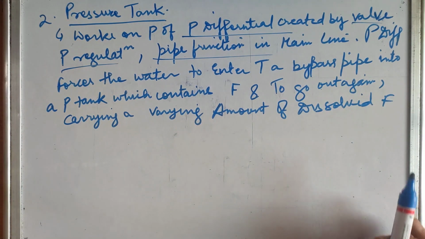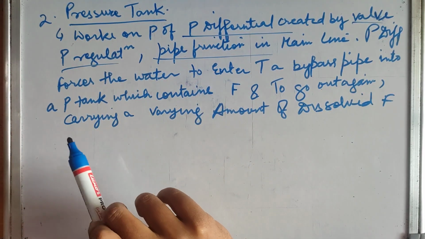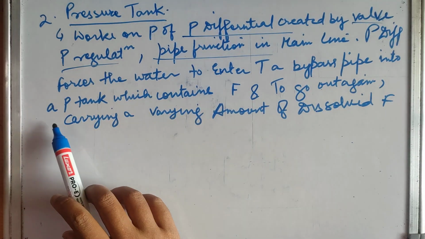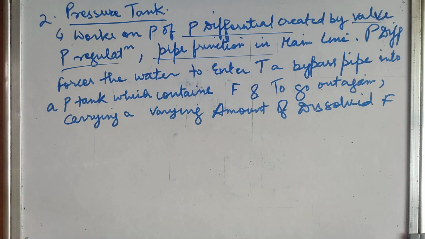So what happens due to the pressure differential created by pipe friction and valve pressure regulation? The water enters the bypass pipe into a pressure tank which contains fertilizer, and after taking the fertilizer it comes out carrying an amount of dissolved fertilizers. So this is how pressure tanks work.